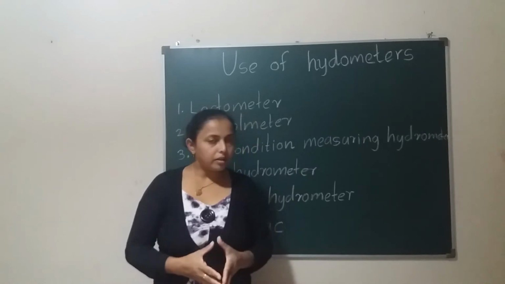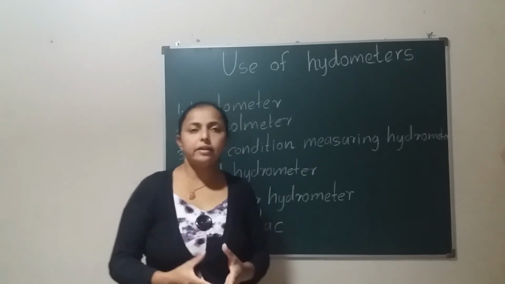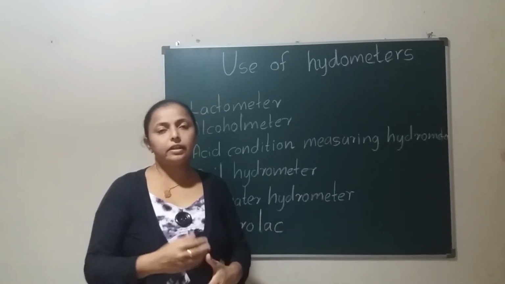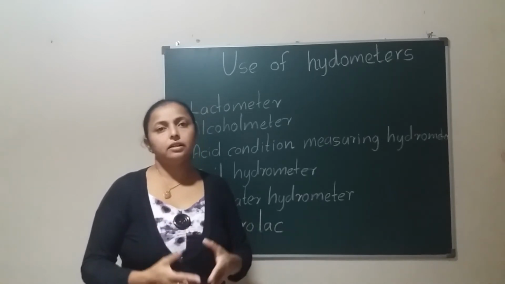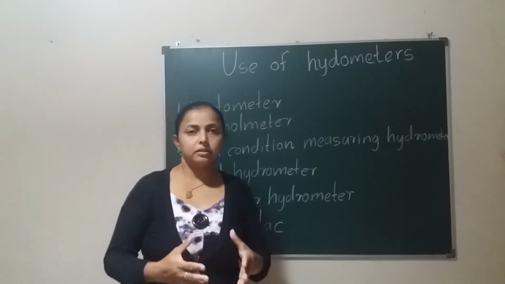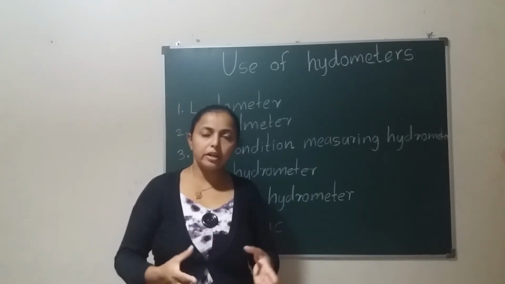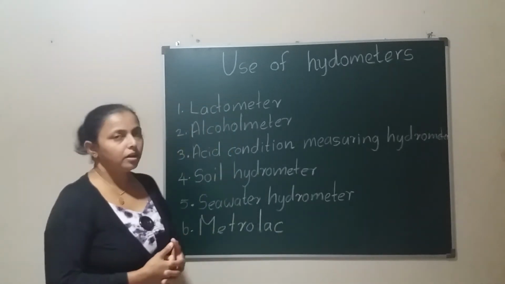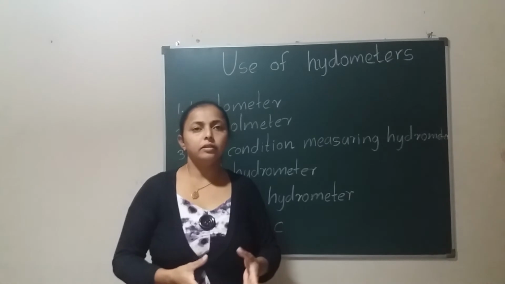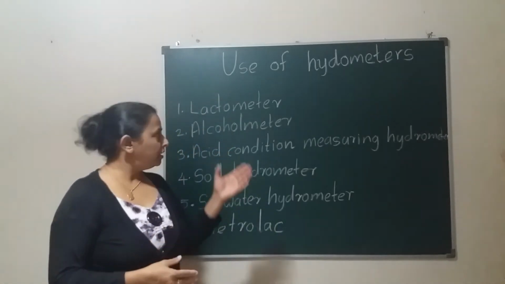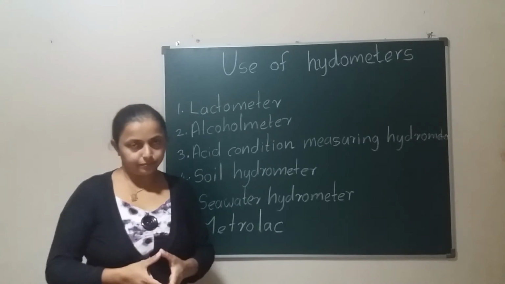Some people add some water to the milk. Then the density changes, and the milk quality also changes. So by measuring the density of milk, we can ensure high quality milk.